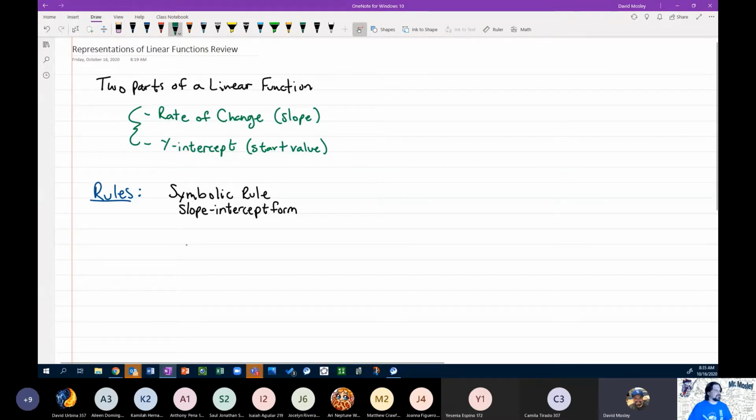And that is y equals mx plus b. This is our symbolic rule. It's a slope-intercept form.